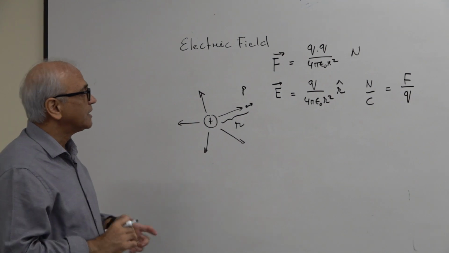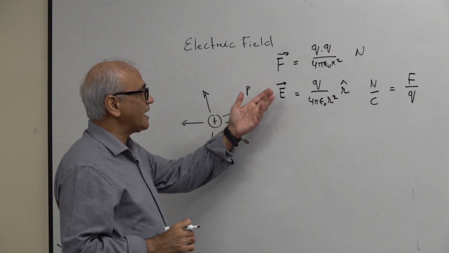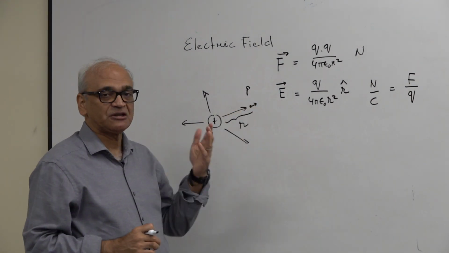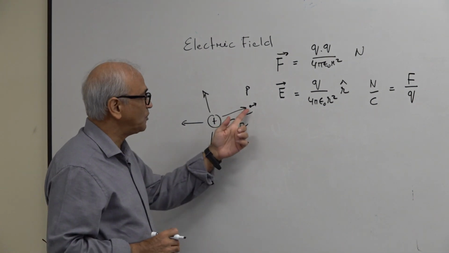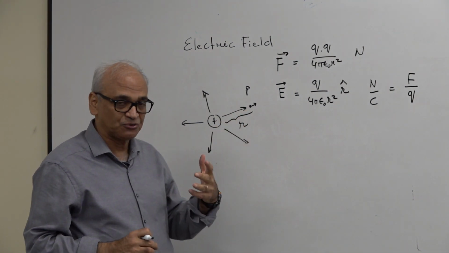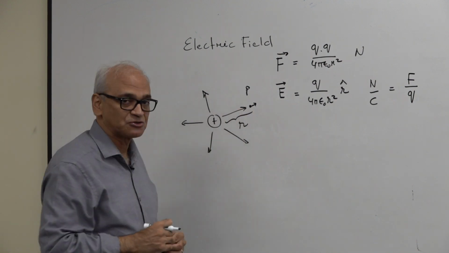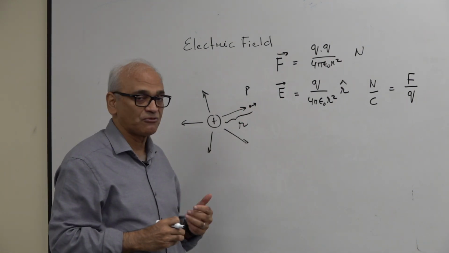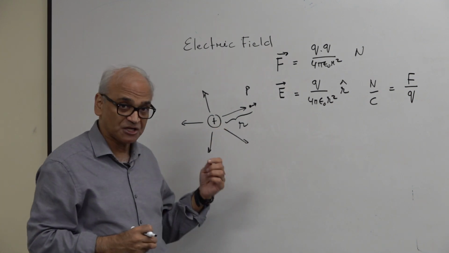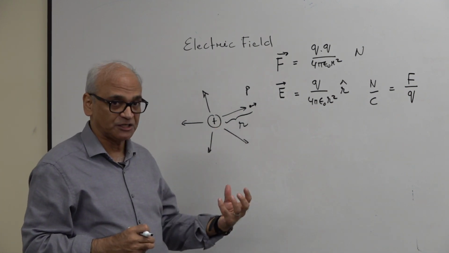Now, if I bring a charge Q from infinity or from anywhere and put it right here, let's say this charge is positive, I want to bring another charge over here. So this charge has to overcome the electric field repulsion, and I have to put work into it.